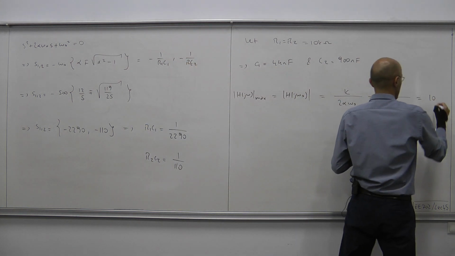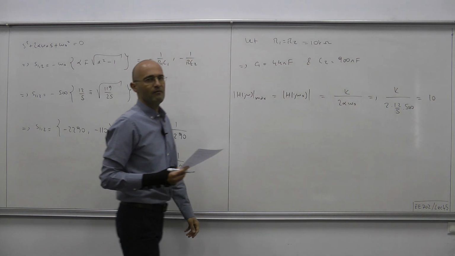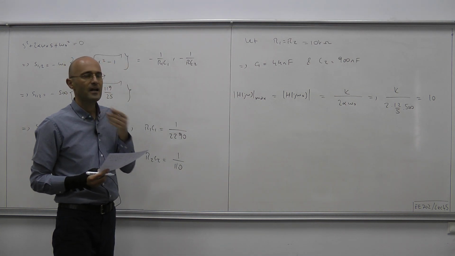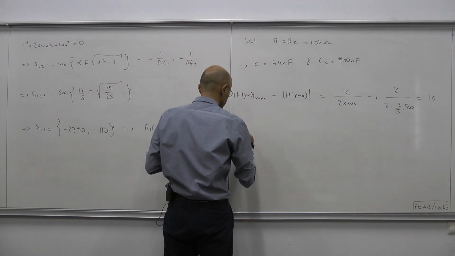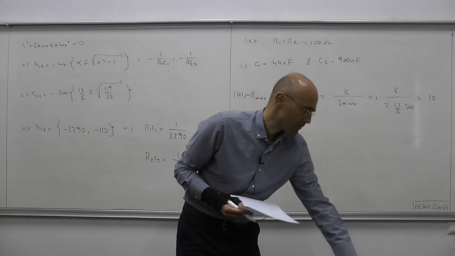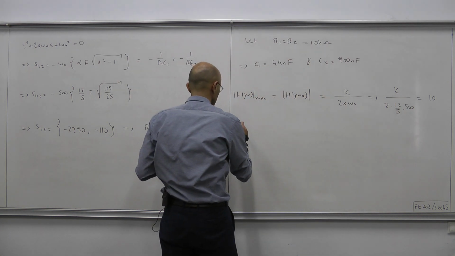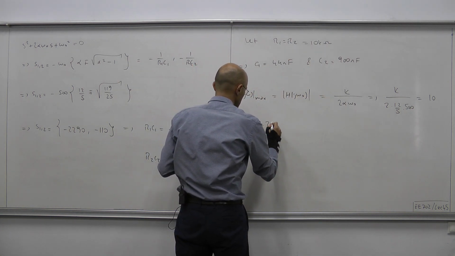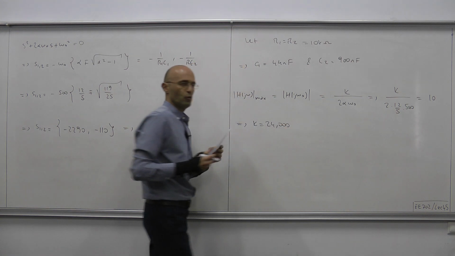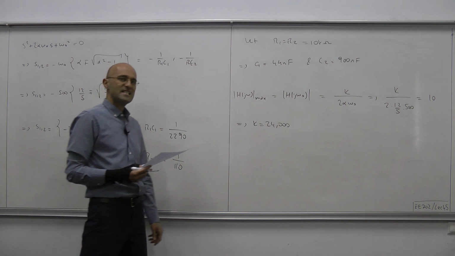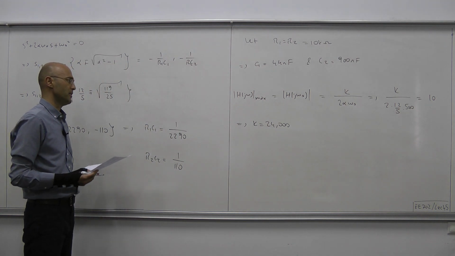Because we want the maximum value of the gain function to equal 10, from that equation we see that K has to be 24,000. K equals 24,000.